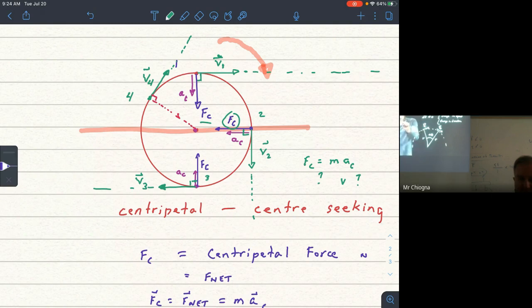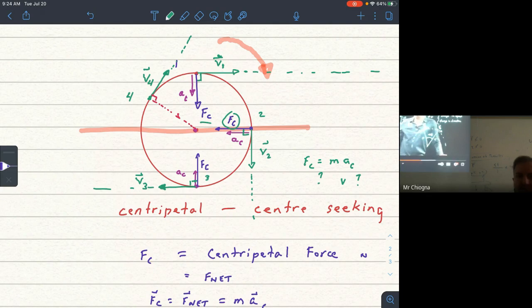I'll show you later how he got that, but for now, that is the change in velocity, VF minus VI. I was going up, I've changed to going down, and so the delta V has to be pointing down.